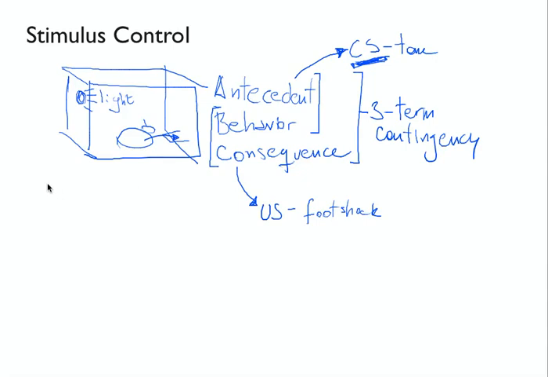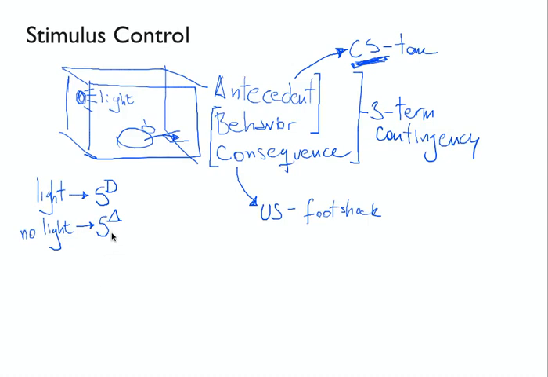And so we will refer in that situation to the light as the discriminative stimulus, or SD oftentimes. And no light, or a light of a different color, or whatever it may be, that signals that the contingency is not in effect, that is, that behavior does not result in a particular consequence, is an S delta.